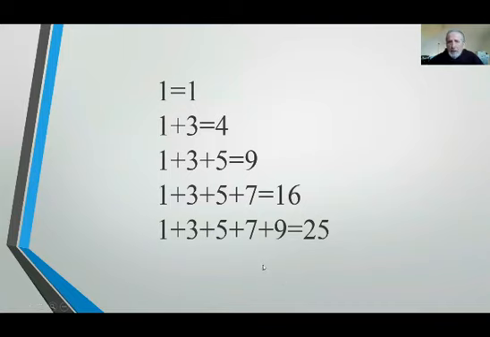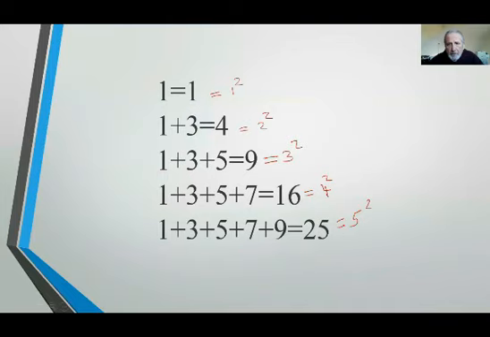I noticed that these numbers are perfect squares. This one here is 5 squared, this one is 4 squared, this one is 3 squared, 2 squared, 1 squared. So there is some kind of pattern happening here.